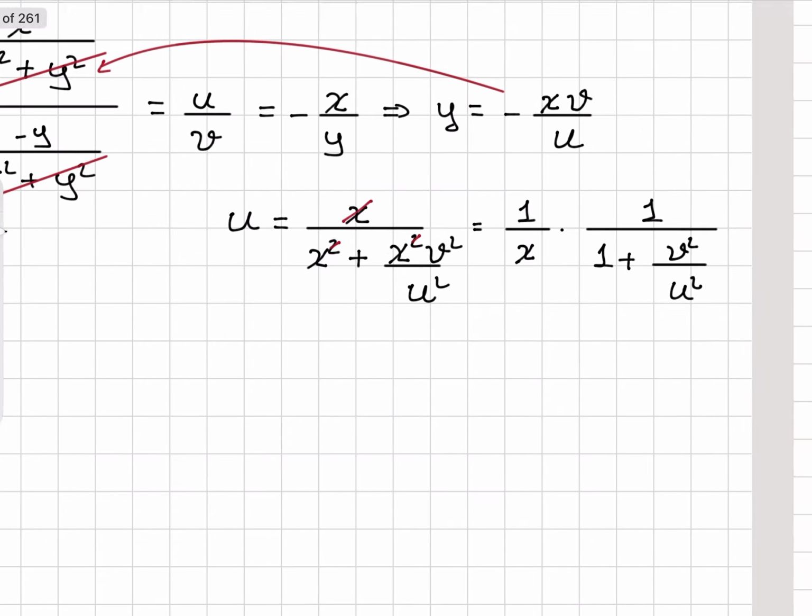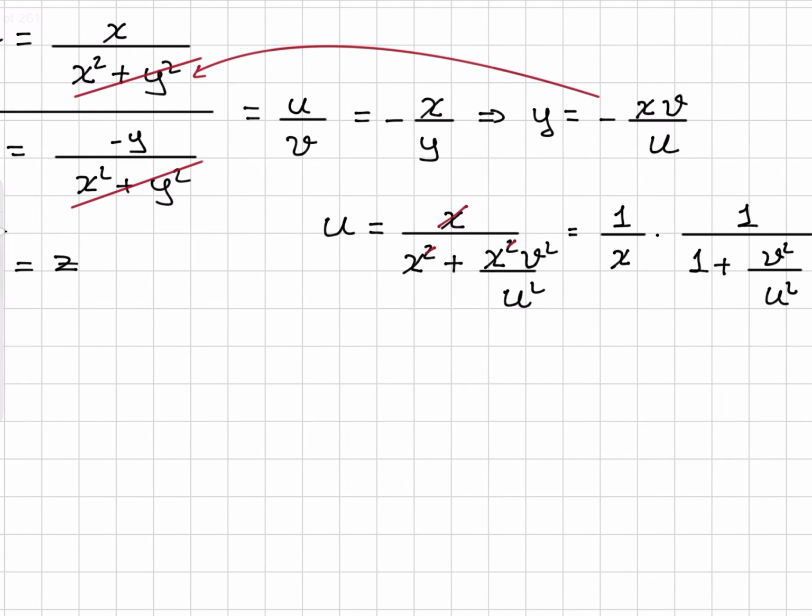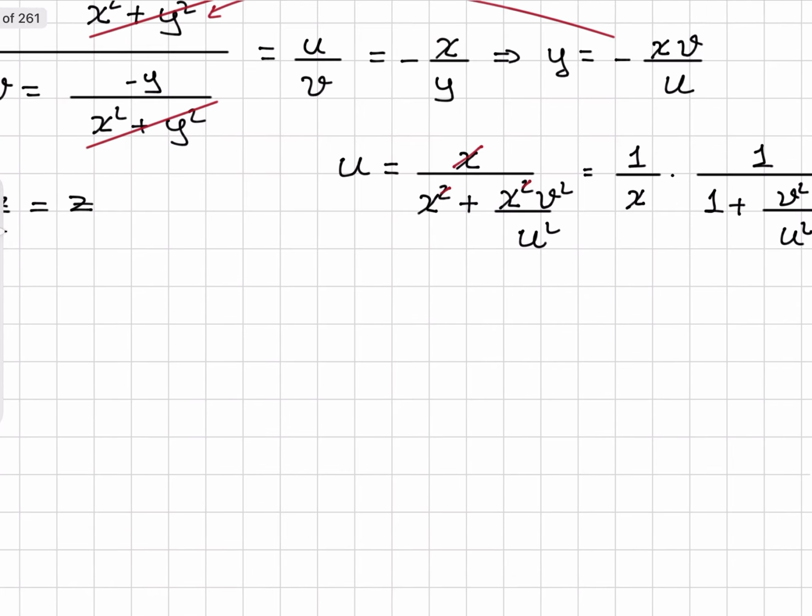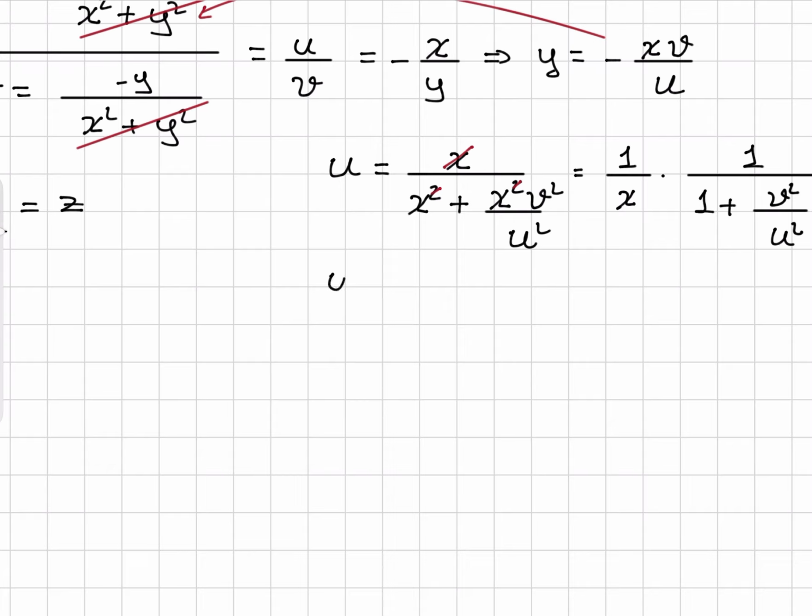And this means I can take this into the common denominator, u squared plus v squared, and u squared goes upstairs. So let me rewrite this result. u is equal to 1 over x times u squared over u squared plus v squared.